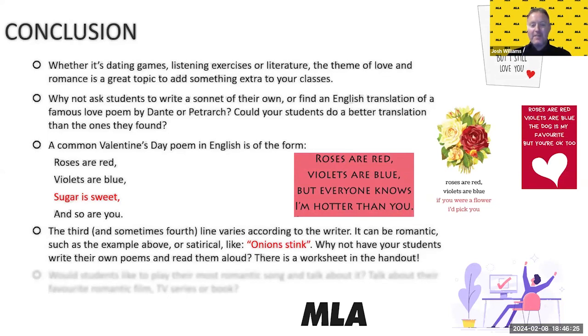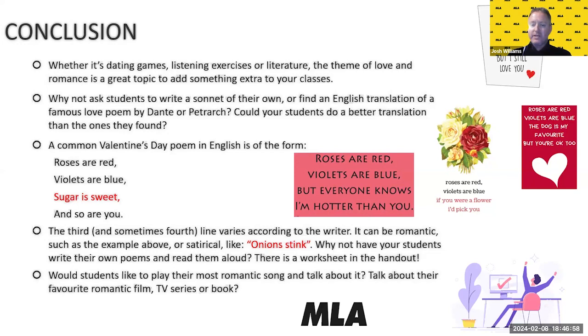This can be a good, fun one to get students to write, because they really only have to change one or two lines at max. The first ones generally stay the same: roses are red, violets are blue. And think also about maybe you could propose for Valentine's Day, would students like to play their most romantic song and talk about it, as long as it's in English?